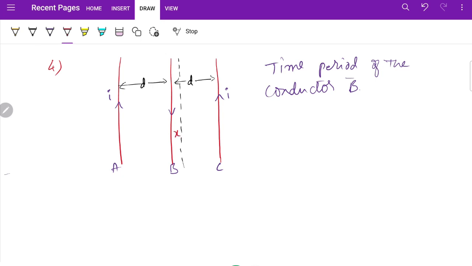This is separated by distance small x. Okay. Now what is the distance between A and the new B? So this will be d plus x. And then the other distance will be d minus x.